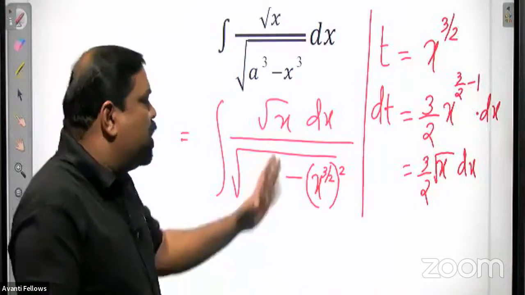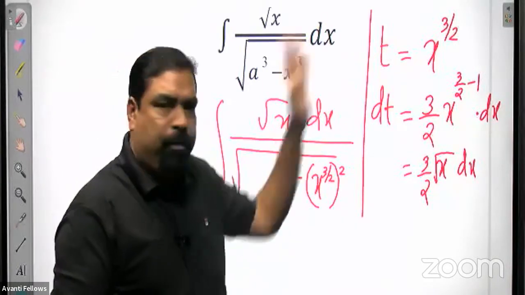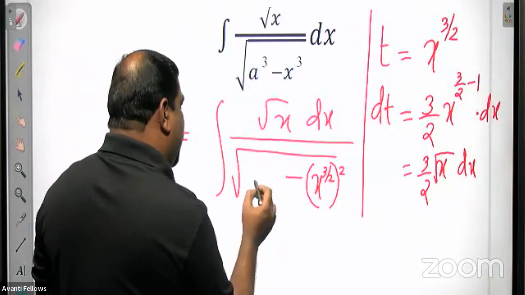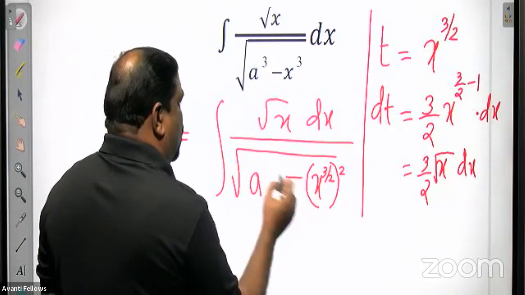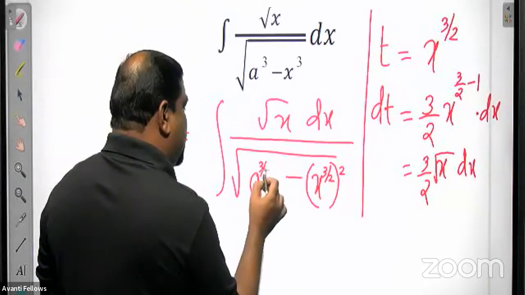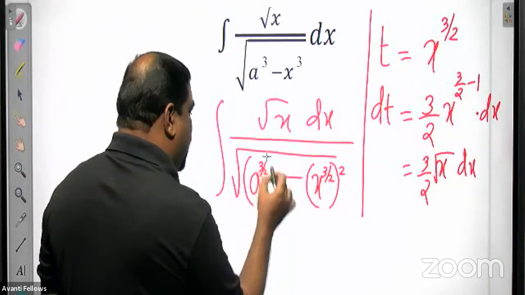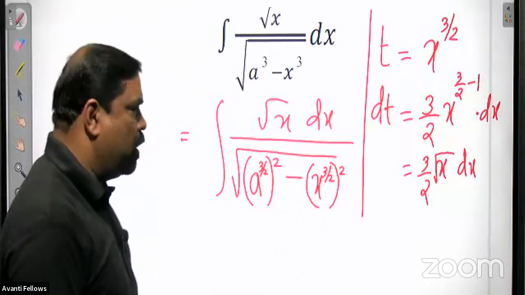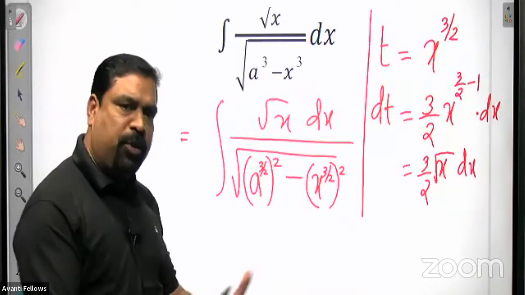Now I can put x raised to 3 by 2 as t. The a cube is a constant, but I will write it in the same style: a raised to 3 by 2, the whole square. Both must be in the same form.